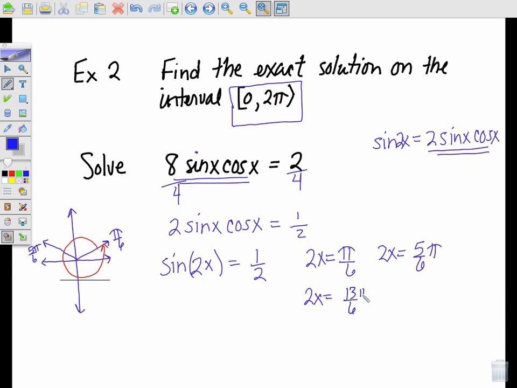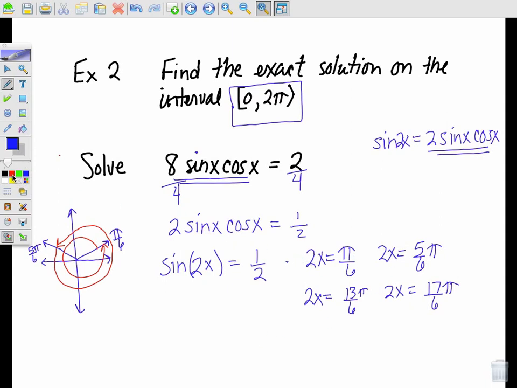So if I had 12/6, then that would be 13 over 6 pi. And finally, the last one, if I go all the way around again, from here, from 5/6 pi, the second time around, I'm going to add 12/6 to that, which would be 17/6. So the reason why I'm going around twice is because of the 2. It's a double angle, so that means 2 revolutions, or 2 times around.